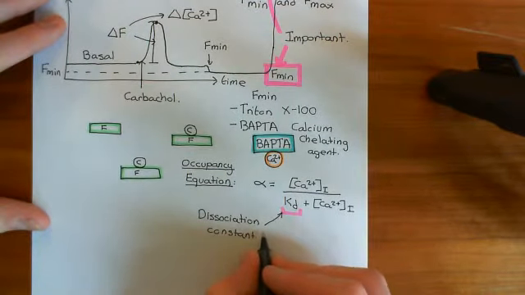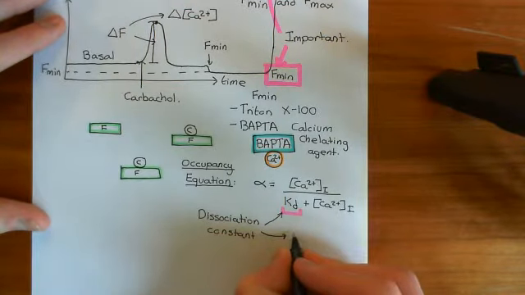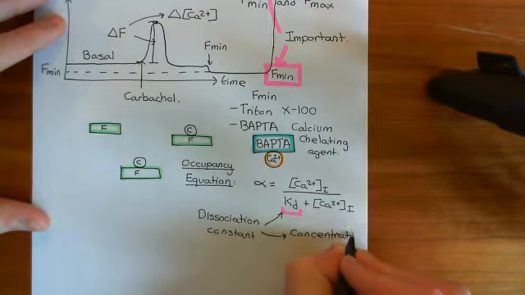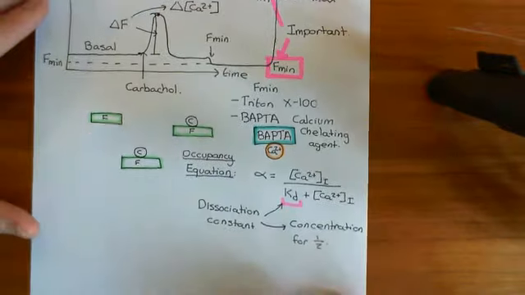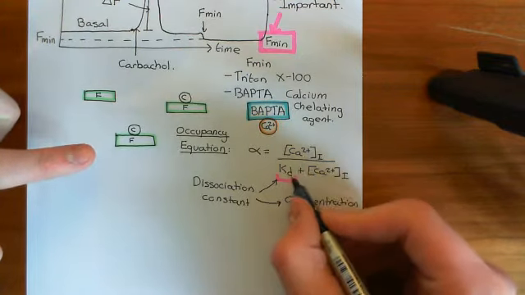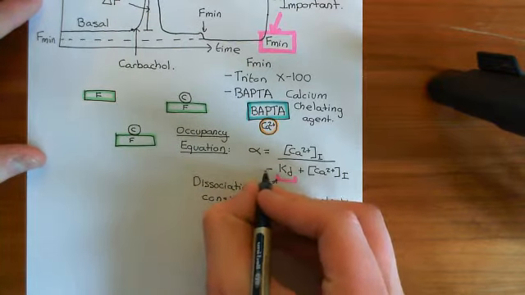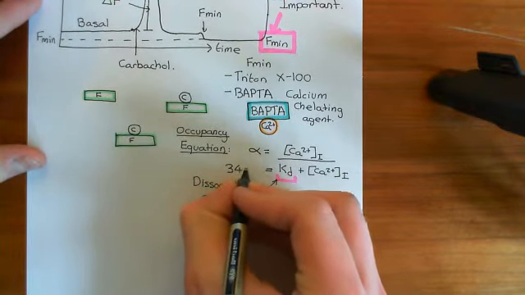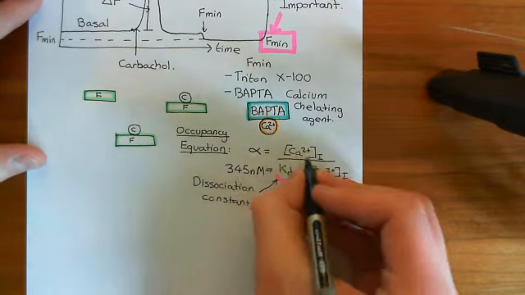Now, the dissociation constant actually has a really nice interpretation, which is that it is the concentration of calcium that you need to get half occupancy. What do I mean by that? I mean that if you let the intracellular calcium concentration equal the dissociation constant, which is just a number, and I'll give you the actual number for the Fluo-4 calcium interaction: it is 345 nanomolar, so it has the same units as concentration.